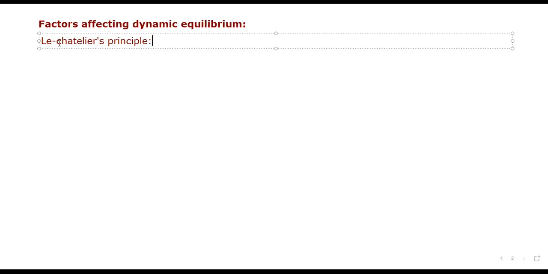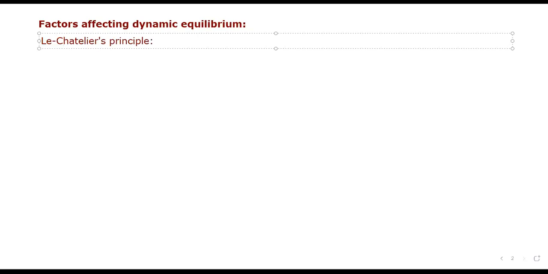So what actually is Le-Chatelier's principle?